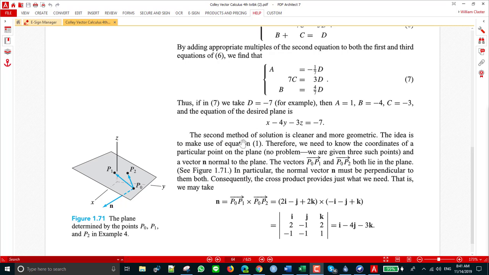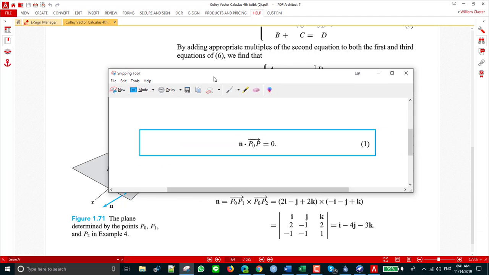But she says the second method is cleaner and more geometric. The idea is to make use of equation 1, which is this thing here. Remember this thing? In order to do that, we need a vector normal to the plane and we need a point in the plane. Well, we have 3 points, so we just choose one of them for the point.